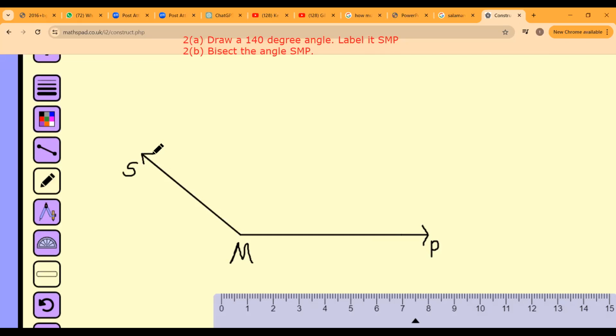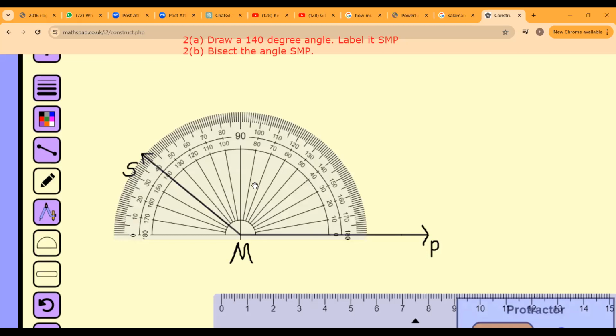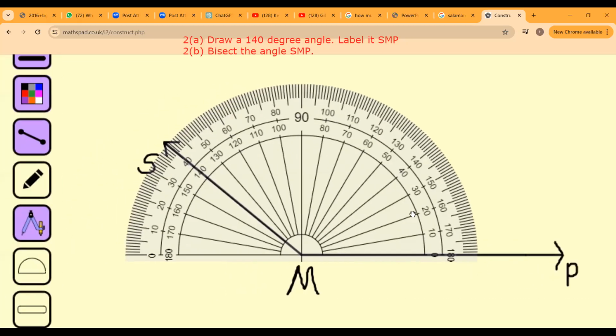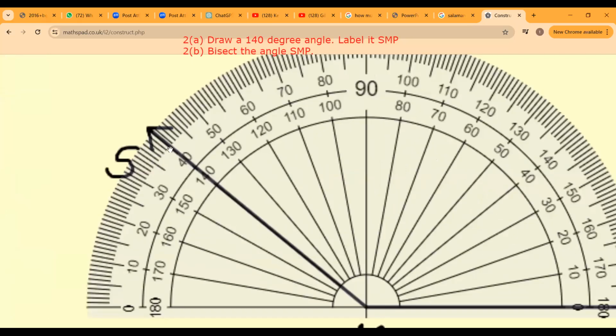And so if we take our protractor and actually measure this angle, this is 0, this is 10, 20, 30, 40, 50, 60, 70, 80, 90, 100, 110, 120, 130, 140. And so we see that this is exactly 140 degrees. Again, this is 135, 36, 37, 38, 39, and 140. And so this is definitely 140 degrees. And so that's what we have.